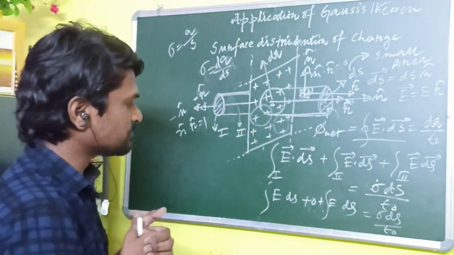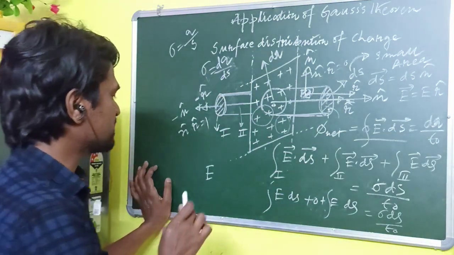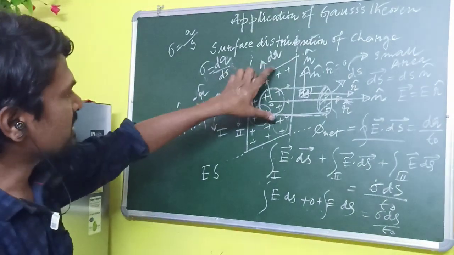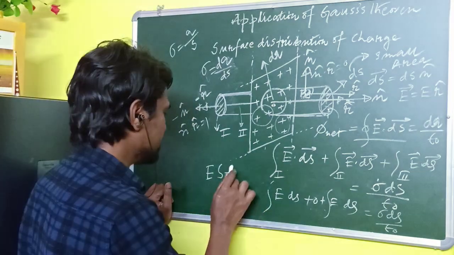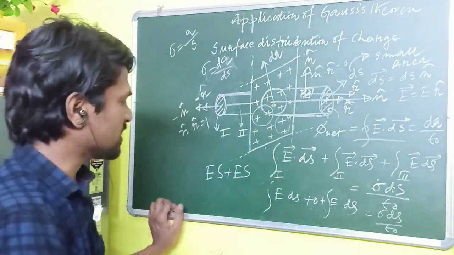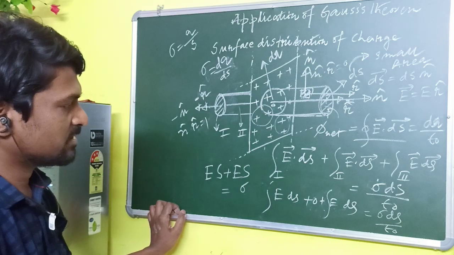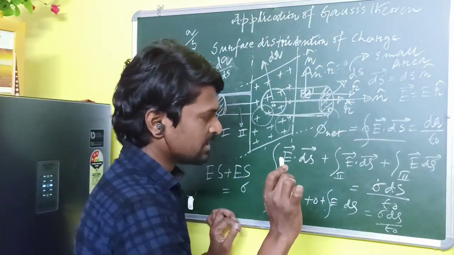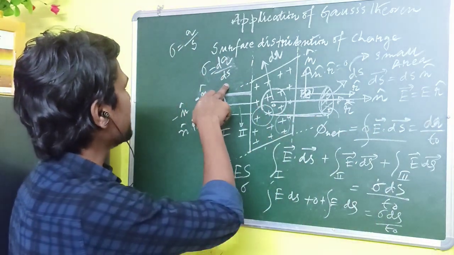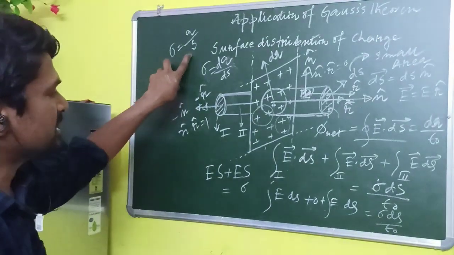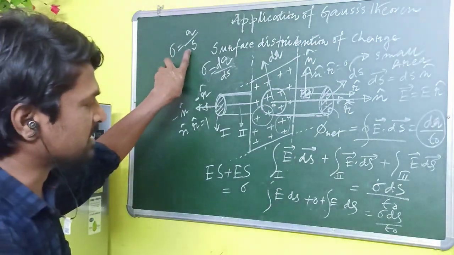Then E ds integrated, integration of ds means the total surface, so the sheet is extended over here. So it is E S, and this is equal to sigma into ds. If dq is taken, it is sigma ds, and if the whole surface is taken, then the charge turns into Q. So this is sigma S.